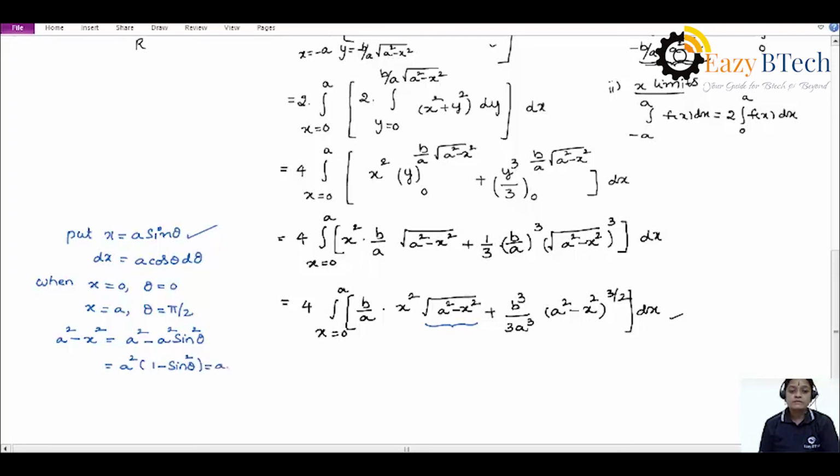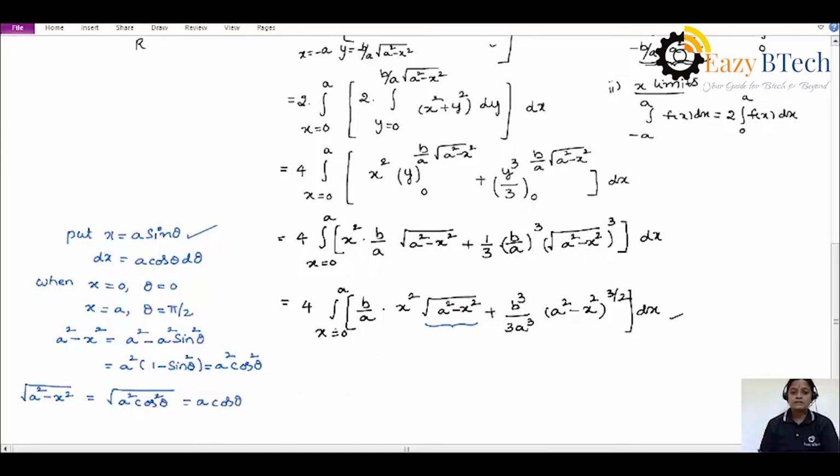Then a square cos square theta is the value of a square minus x square. So root of a square cos square theta, the square root will be cancelled, and the value is a cos theta.